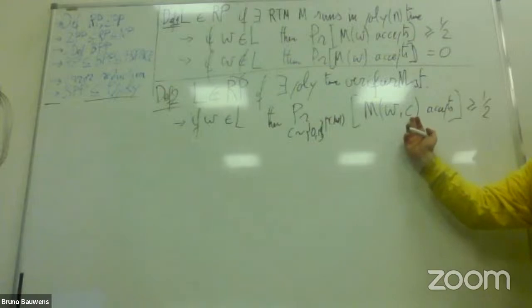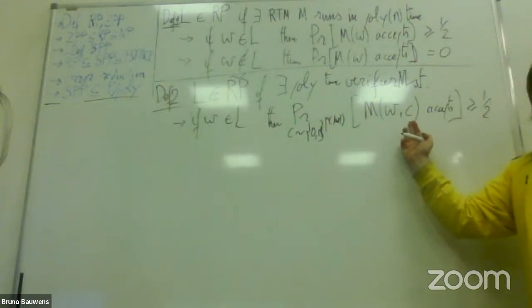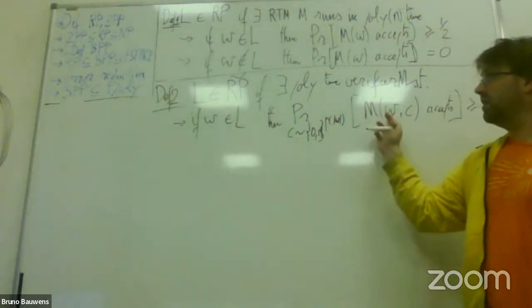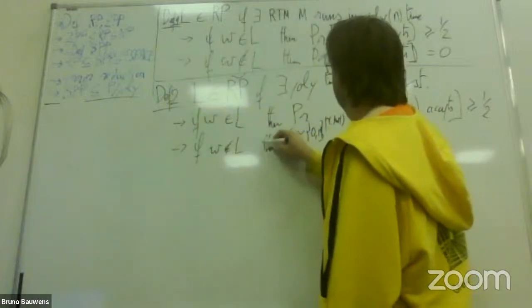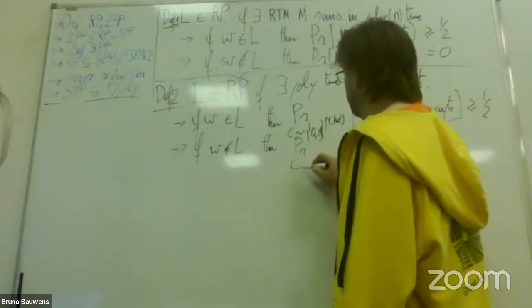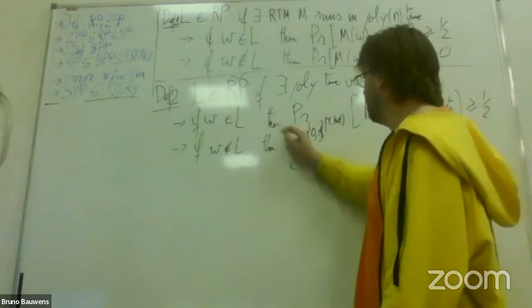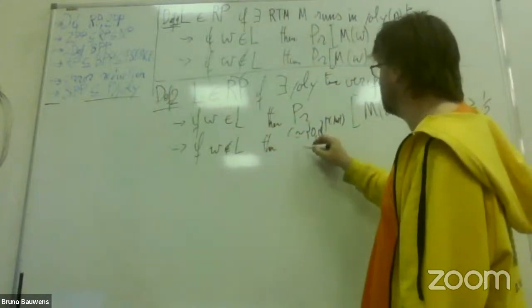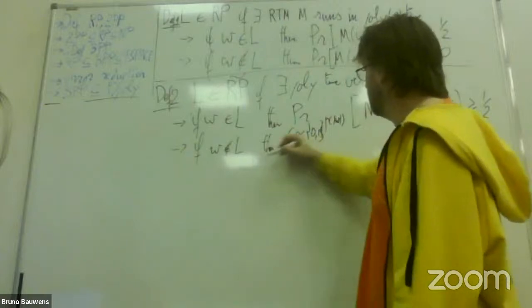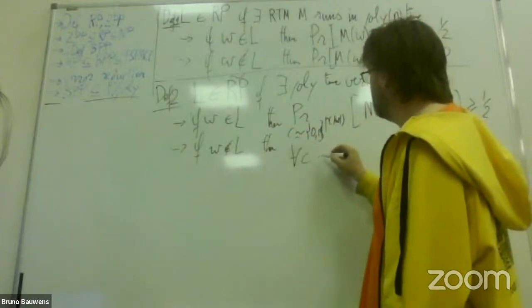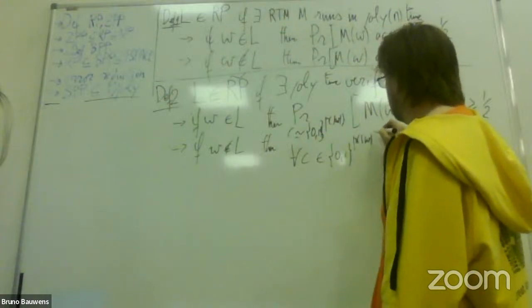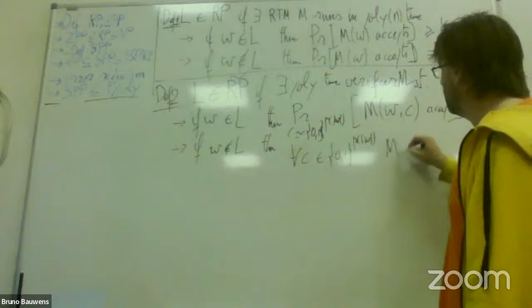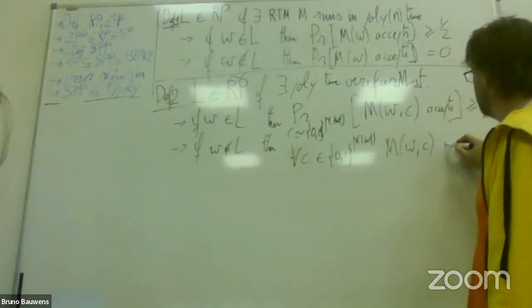So there must exist many certificates if W is in the language. Otherwise, if W is not in the language, it's a bit boring: then for every C in {0,1}^p(|W|), M on W and C rejects.